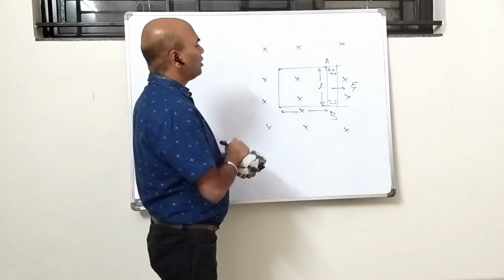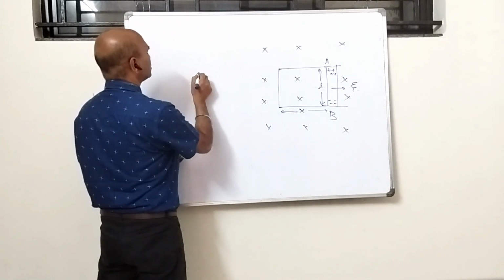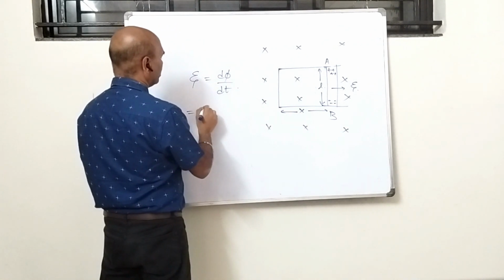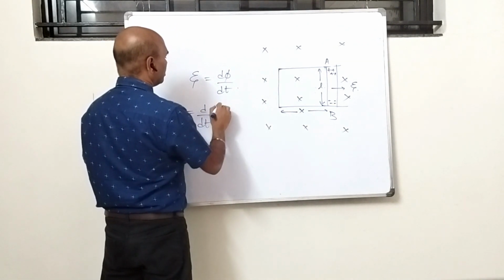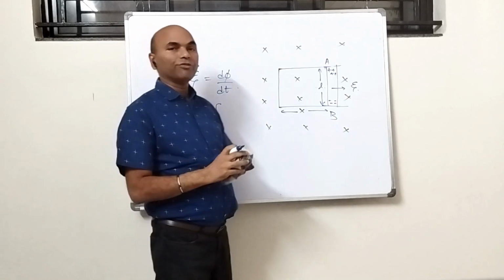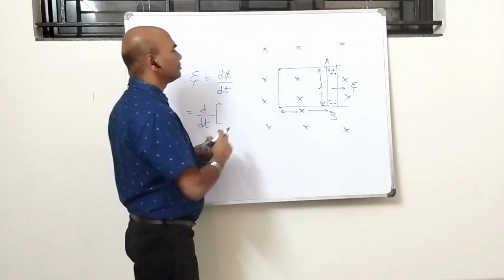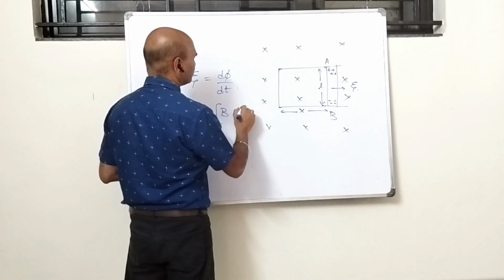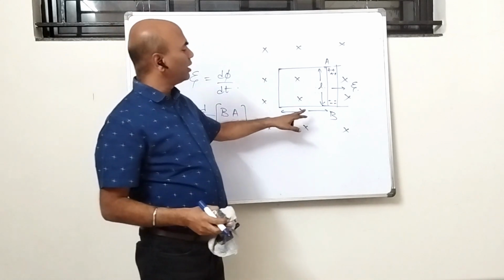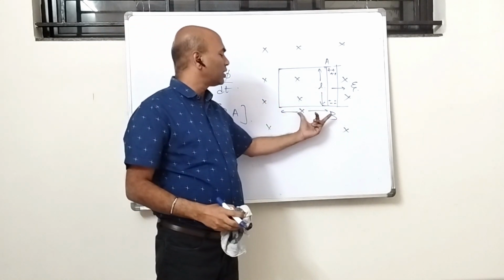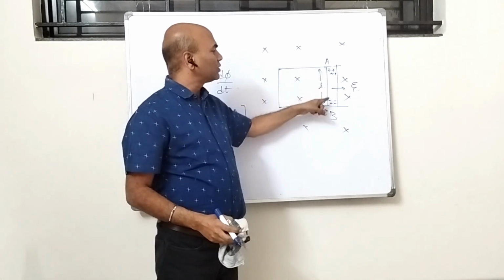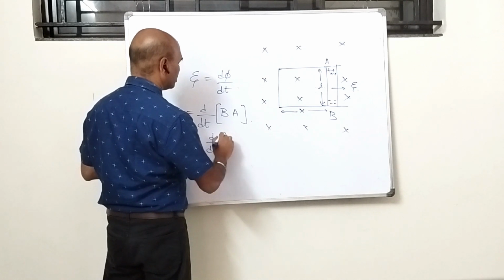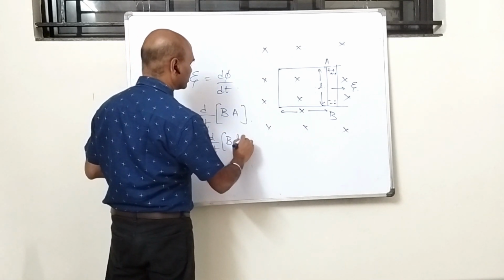Okay, so now if I want to get an expression for this EMF, I should say E is equal to dφ/dt, and here the φ, which is normally the product of the magnetic field and the area, here the area is the area of the loop, so it is BA. And as the area at a given instant, assuming we have said already that this is x and this was L, it becomes d/dt of B into Lx.